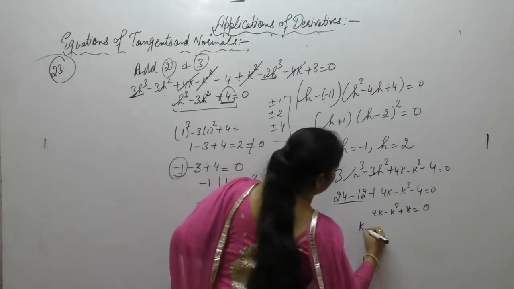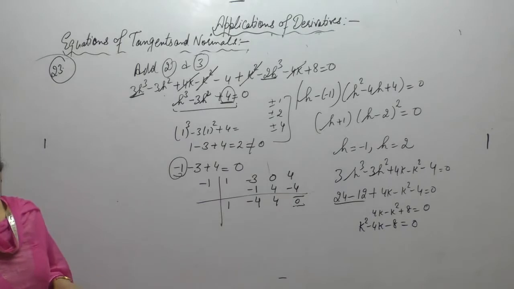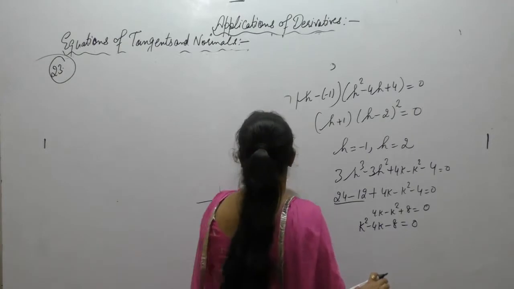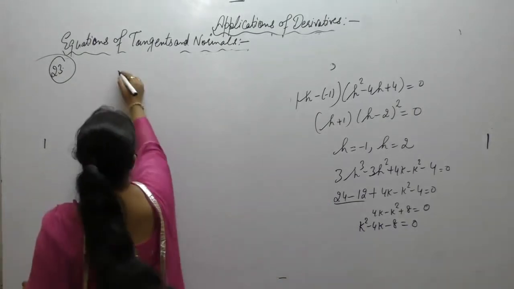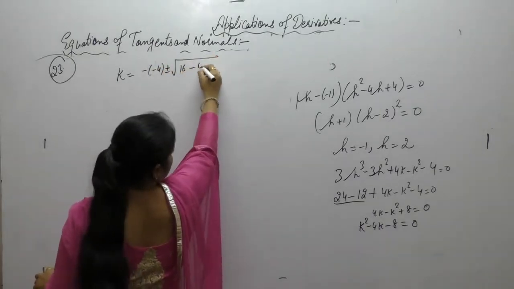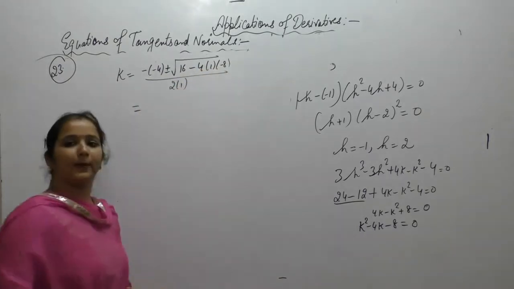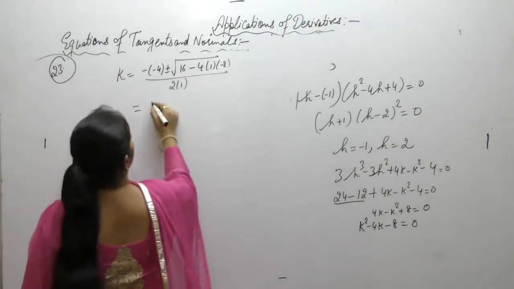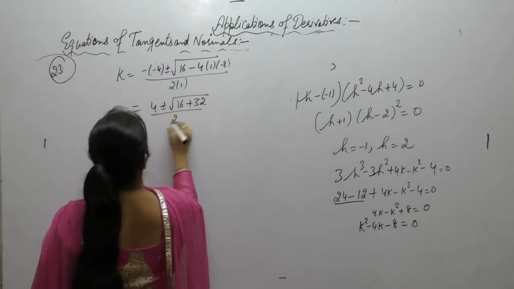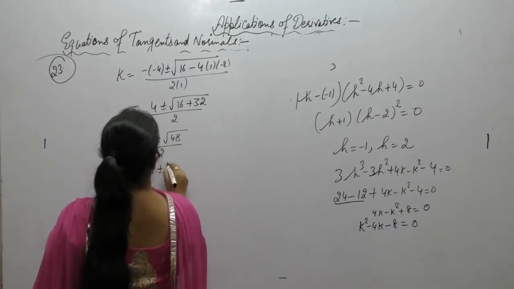Or we get, by taking negative common, k square minus 4k minus 8 equals 0. Now, using x equals minus b plus minus square root of b square minus 4ac upon 2a, solve the quadratic by using the quadratic formula here. 16 plus 32 is 48, divided by 2.